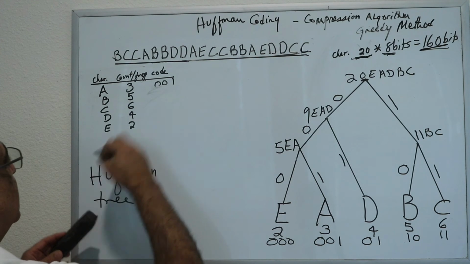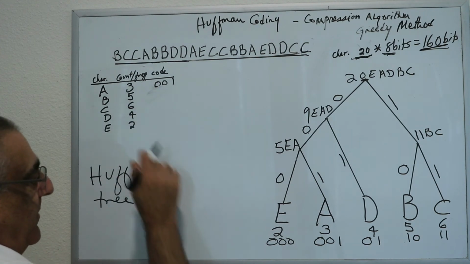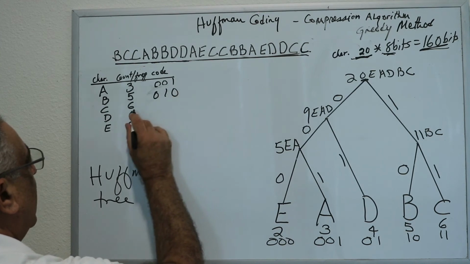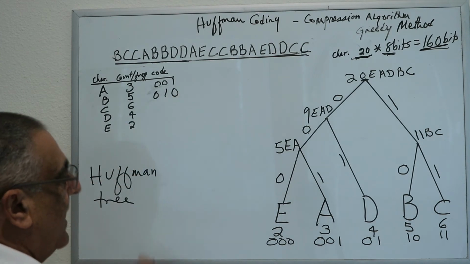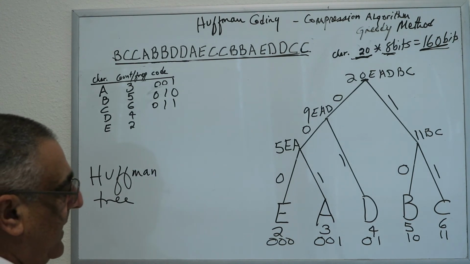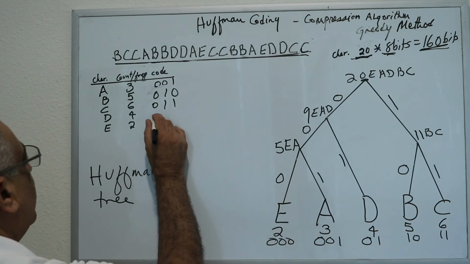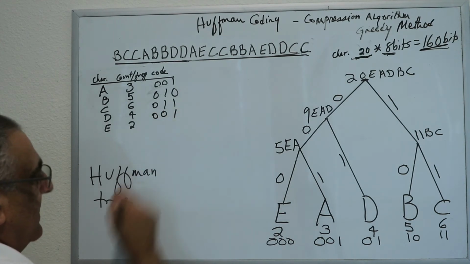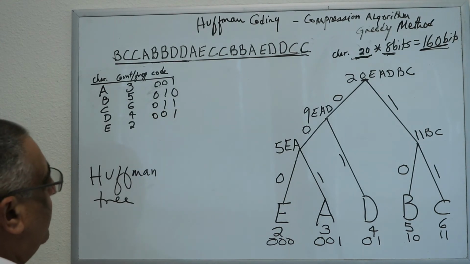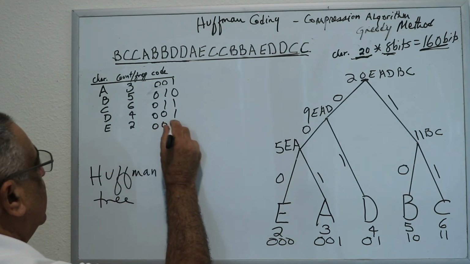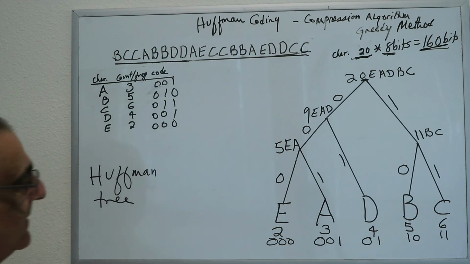So basically this is A 0, 0, 1, and B is 0, 1, 0, and C is going to be 0, 1, 1, and D is going to be 0, 1. It's actually 2 bits in there. And E is 0, 0, 0. The reason I put them as 3 is because I've got 3 bits. And that's basically what we have.